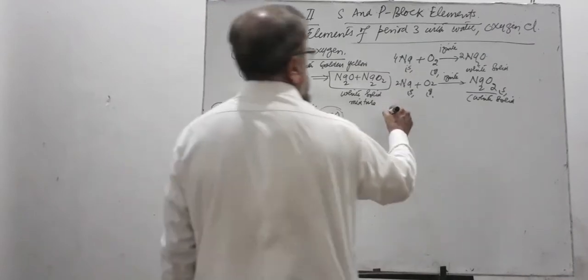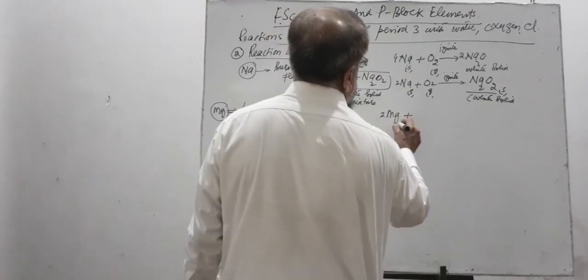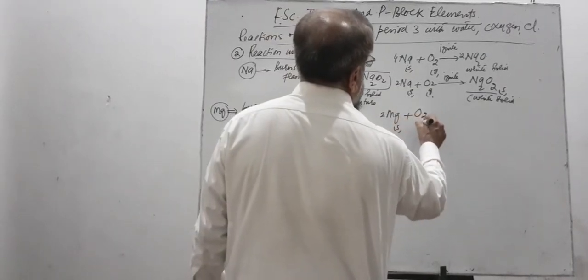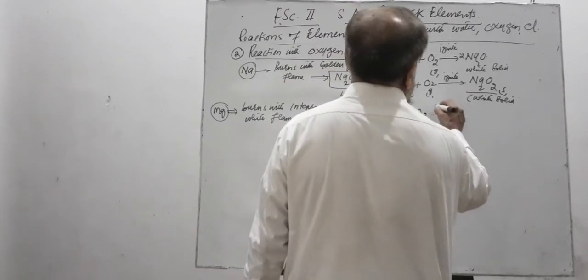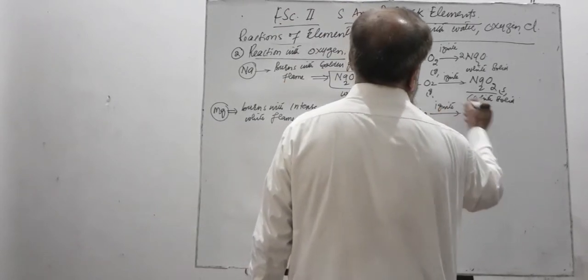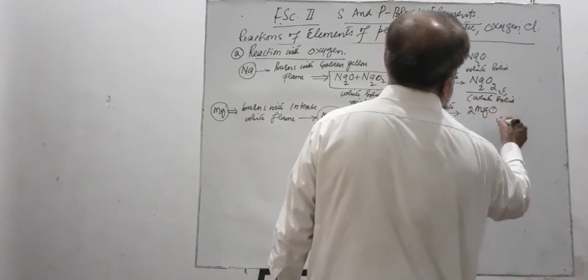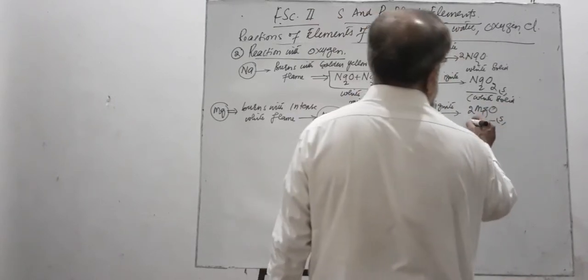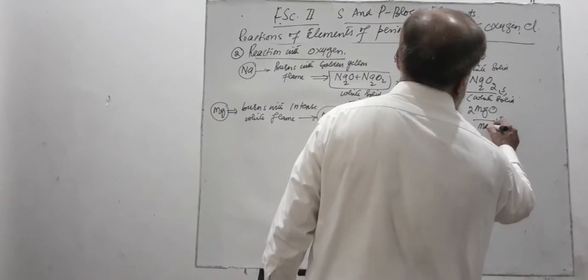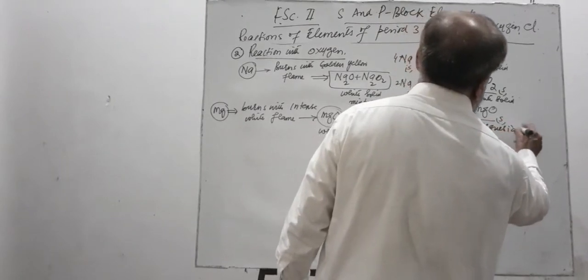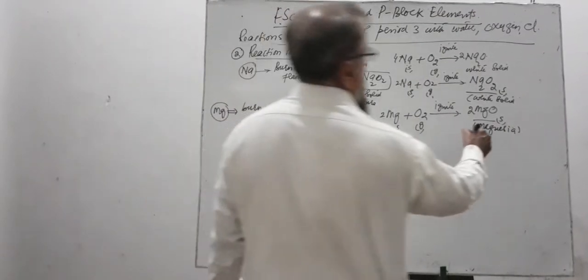The reaction is 2Mg solid plus O2 gas, ignite, we get 2MgO, magnesium oxide. It is also known as magnesia. It is a white solid also.